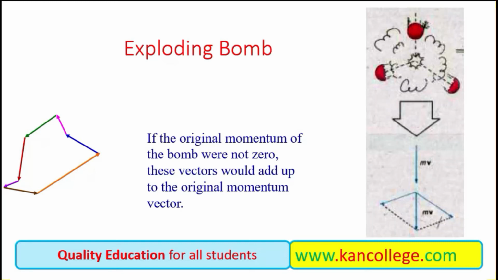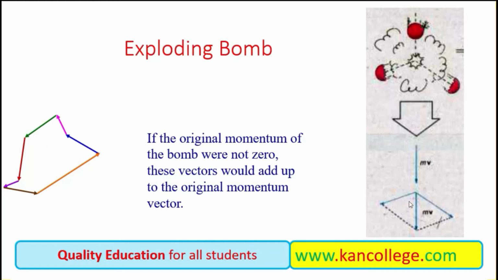In the second figure, you can see that it's very simple to understand. If the bomb initially has a momentum mv, shown by this vector, and after explosion it explodes into two parts, then the total momentum of the two parts, shown by these two arrows, is the vector sum of those two vectors.